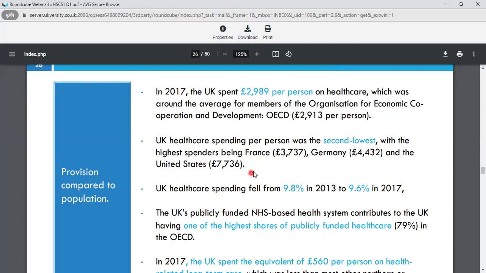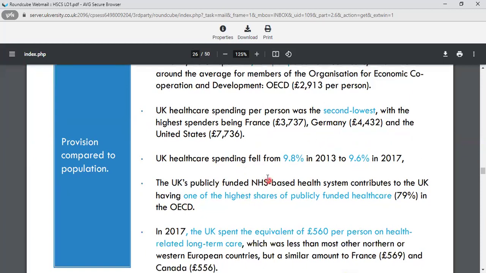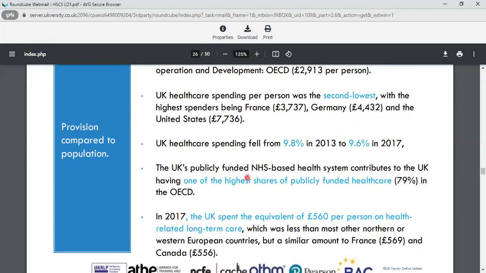So if the UK is spending the second lowest on healthcare, that should not be the case. It should be spending more on healthcare. So it would be the second lowest, which means that people were spending more on private insurance compared to taking funds from the NHS. UK healthcare spending fell from 9.8 in 2013 to 9.6 in 2017. So the healthcare expenditure further decreased.